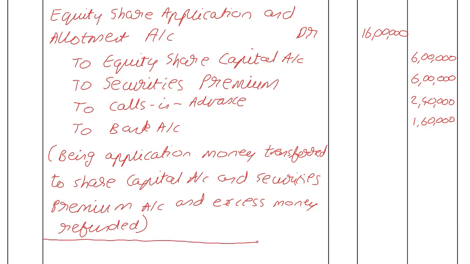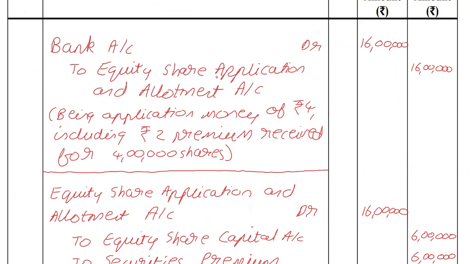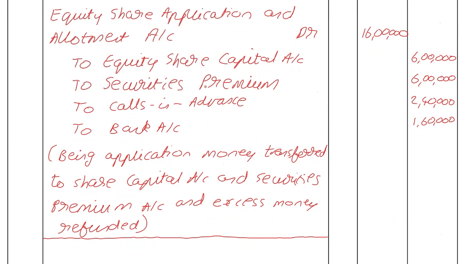And again, straight line. Okay, me using a graphics tablet, it's a little bit painful to do a perfectly straight line, but you all should use a pencil and scale. Now, I'm back here. Okay, I finished taking care of the first level, bank to share application and allotment, share application and allotment to share capital, and all the others.